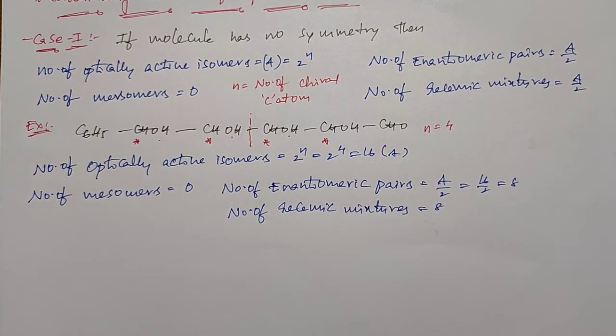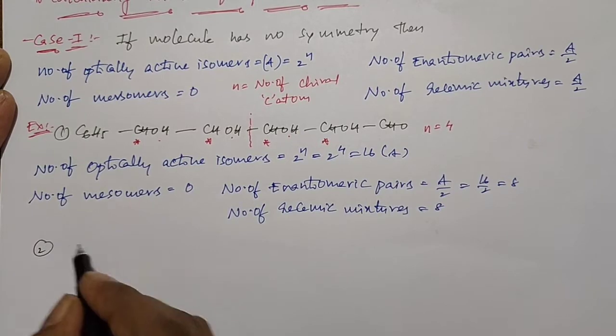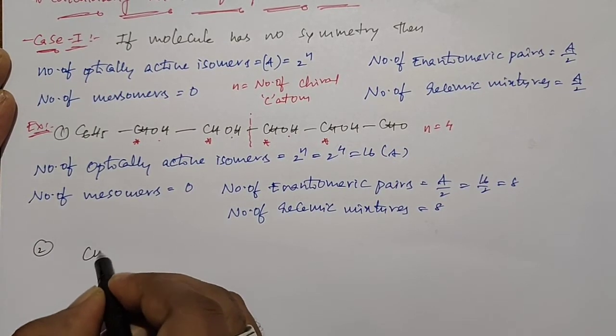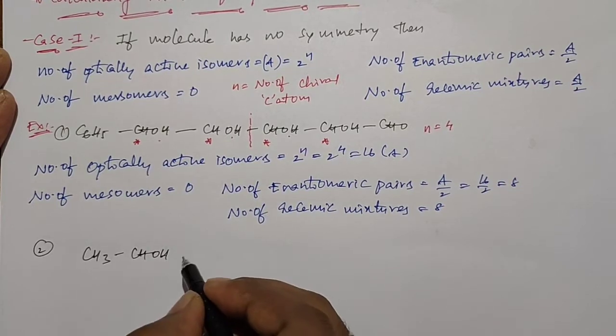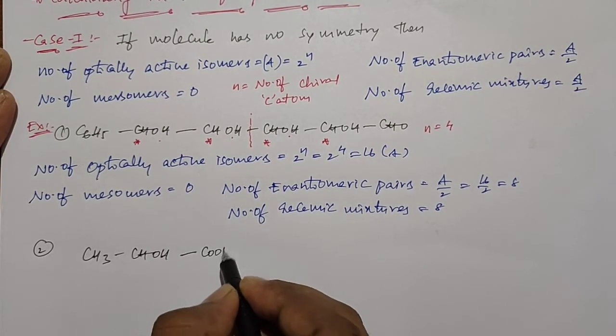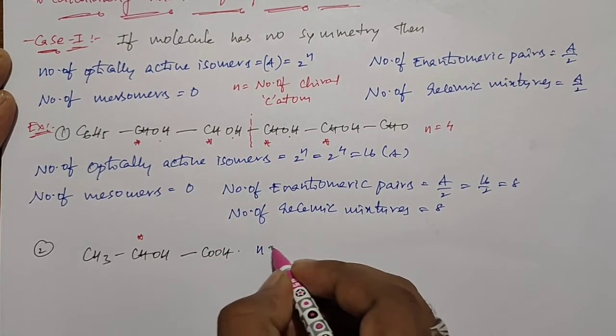For better understanding, I give one more example, example 2, that is CH3 CHOH COOH. For this molecule we have one chiral carbon, so n is equal to 1.